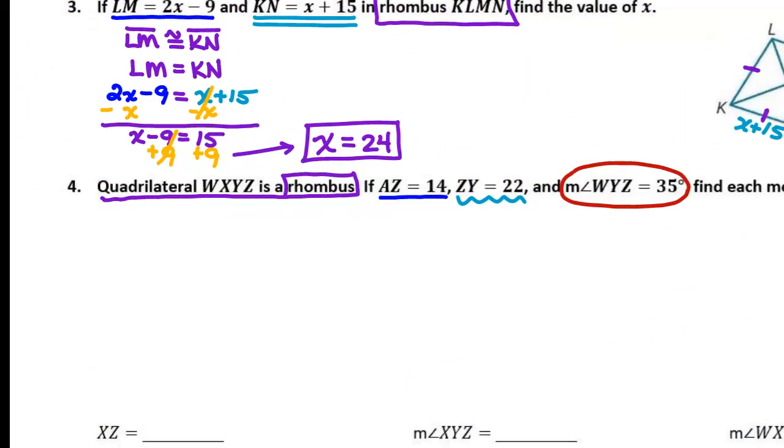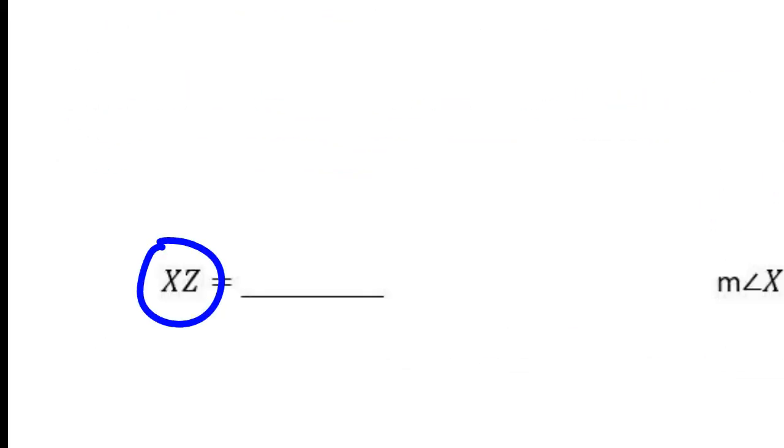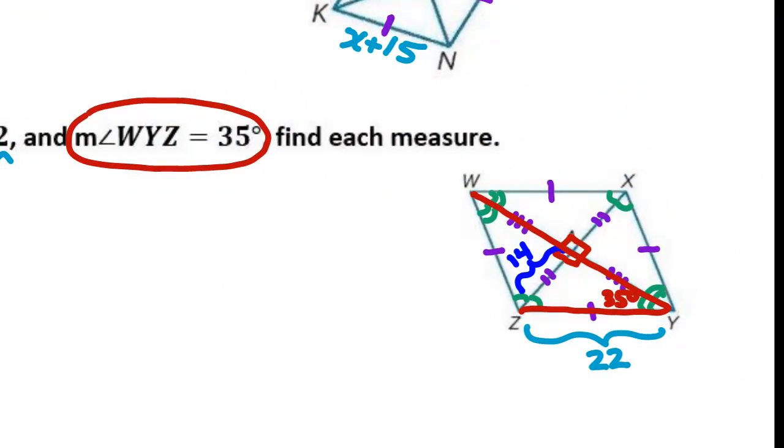All right, let's see if we can find any of the measurements down below. First thing they want me to find is XZ. How would I find the length of XZ right here? Multiply 2 times 14, yes.